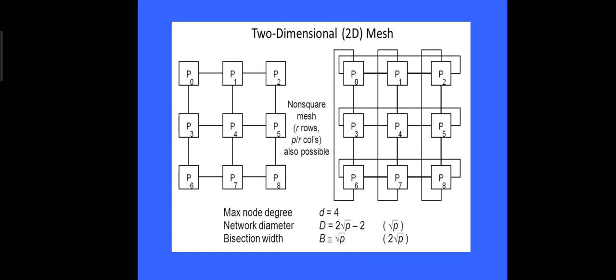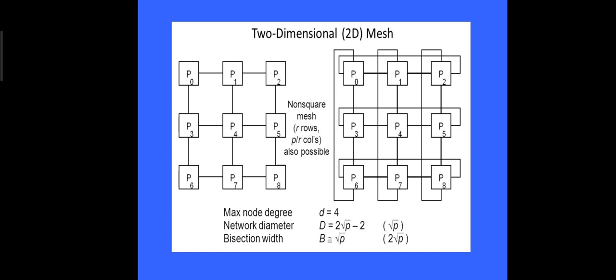And then the network diameter. Just now we have learned what the network diameter is. It is the longest distance, which is root P, where P is the number of processors. Bisection width is the minimum number of edges to be removed for dividing the network into two halves.